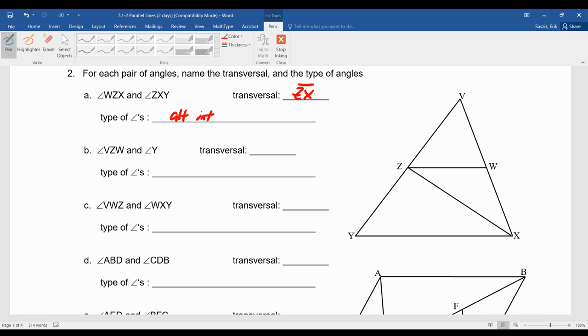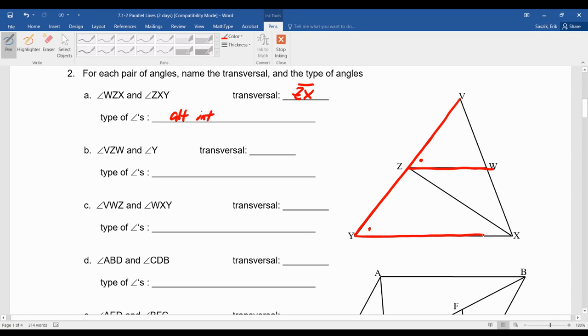Next one, VZW. I accidentally marked that those were congruent. I used the congruency symbol earlier. I shouldn't have really done that. VZW, this one here, and angle Y. Now, that's going to have this as the transversal, and these will be the lines.